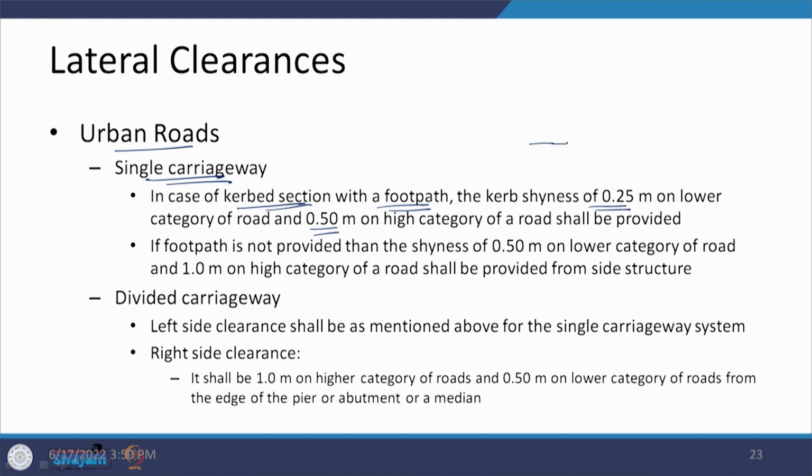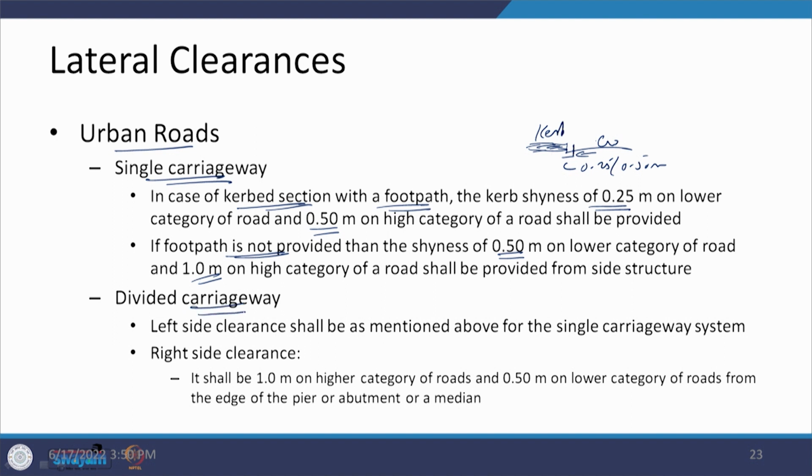So, whatever curbed section is there like this, this is a curb, and then this is 0.25 or 0.5 meters, and then we have the carriageway. Now, if the footpath is not provided, then these values are increased to 0.5 meters and 1 meter in the case of lower category and higher category of roads.